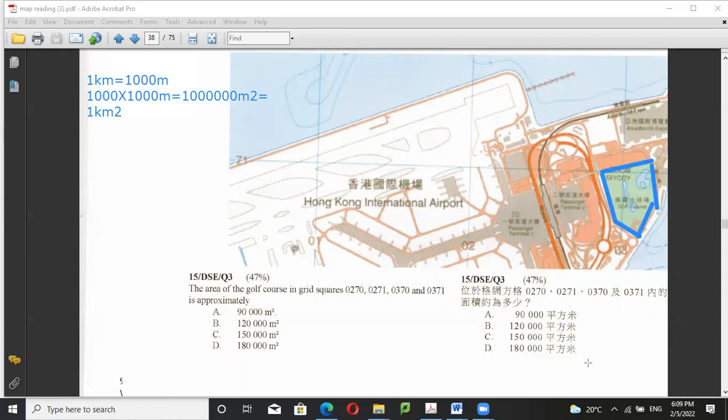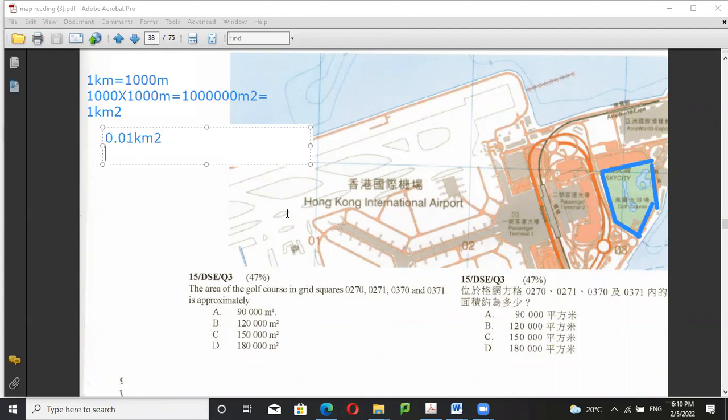Isn't it 12 squares? If you measure, are there about 12 squares? So if it's 12 squares, then what is it? One small square equals how much? 1 small square equals 0.01 km square.